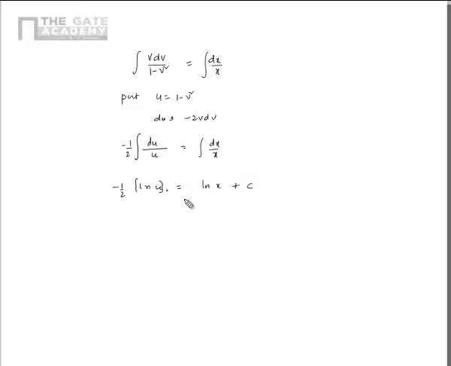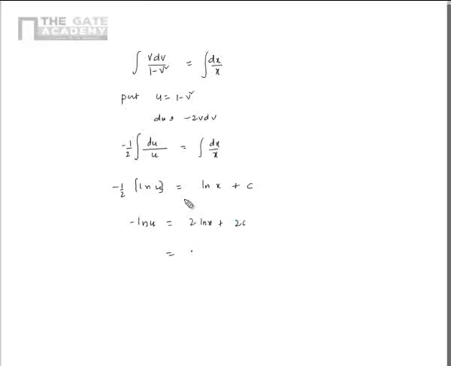So now I can write, let's take 2 on the other side. So minus ln u is 2 ln x plus 2c. Well, 2c can become another constant c1.